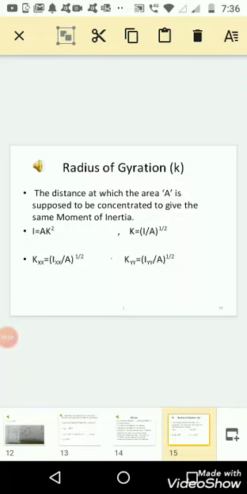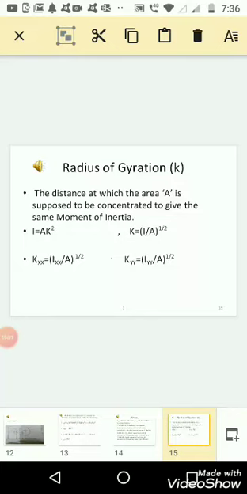Radius of gyration, denoted by K, is defined as the distance at which the area A is supposed to be concentrated to give the same moment of inertia. Mathematically, I, that is moment of inertia, is equal to A into K square. Here K is the radius of gyration.